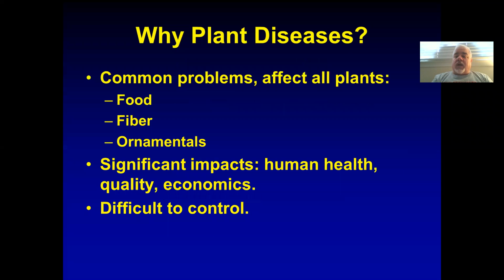So, why do we need to study plant diseases in the first place? Because pathology is important for humans because it affects all plants in nature, in our gardens, at our businesses, and in our economy for our food, fiber, ornamentals, everything. It can have significant impacts on human health.